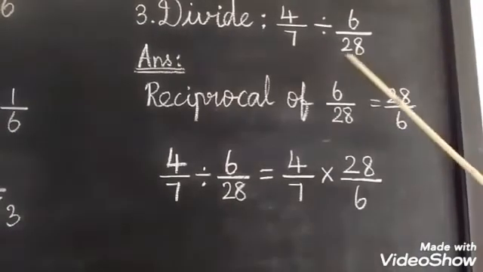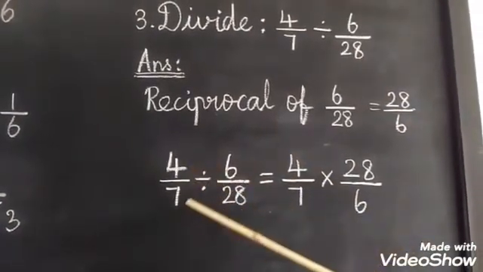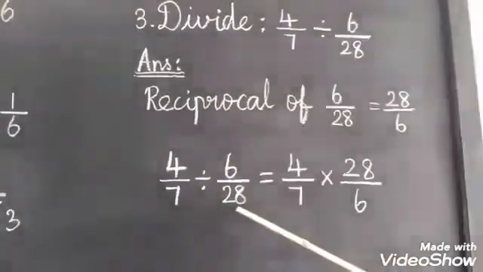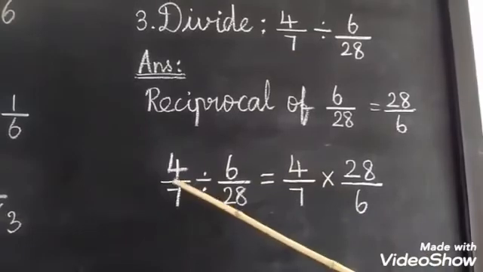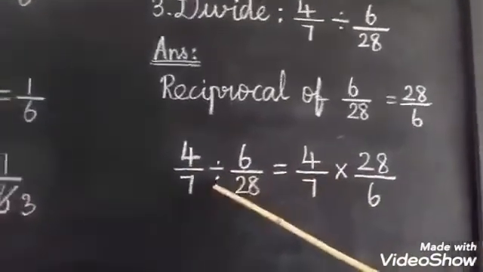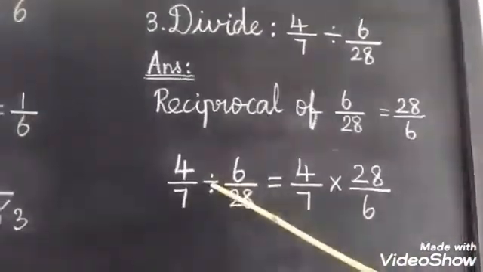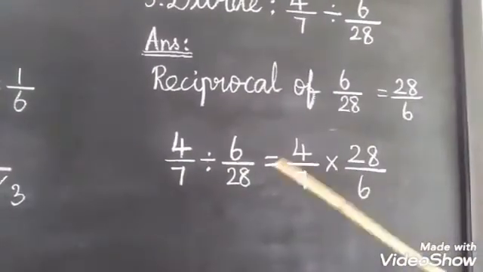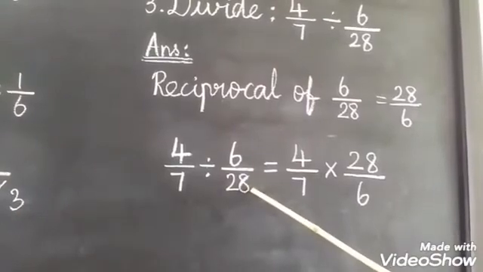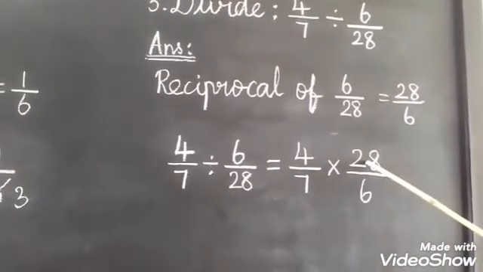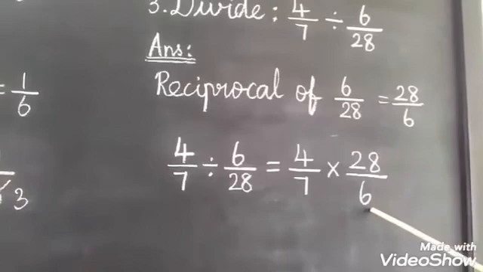See the question, 4 by 7 divided by 6 by 28. First we write the first number 4 by 7, and change the division symbol to a multiplication symbol. And 6 by 28 we write in reciprocal order. So what will come? 28 by 6.